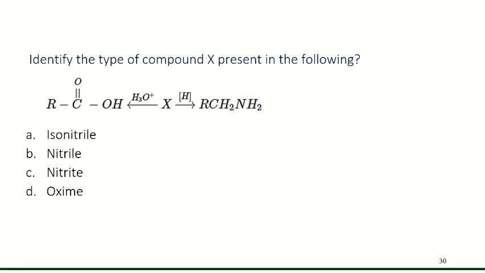And then here, this is a sort of cumulative of what we've done in the past and stuff that we're looking at now. It says here, identify the type of compound X present in the following, and you have isonitriles, nitriles, nitrite, and oximes.